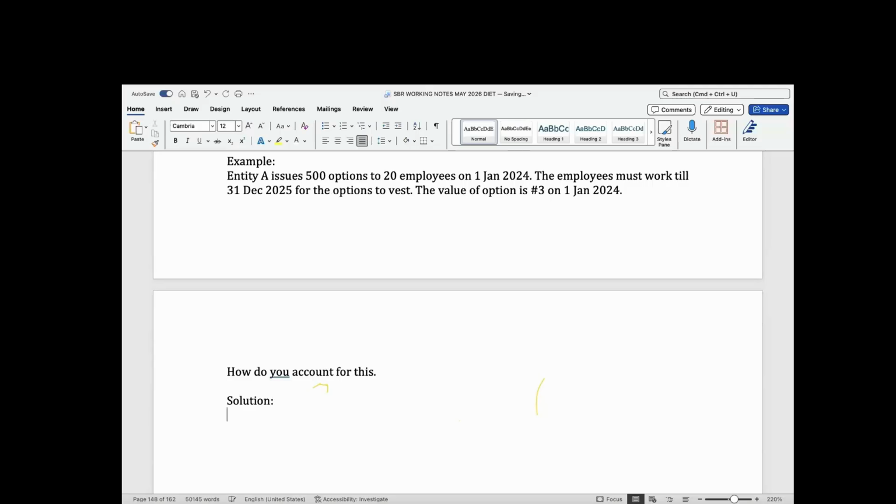First, I need to get the value of the option. How many options? 500 options. How many employees? 20 employees. What's the value of each option? It's 3 naira. So how much is that? 30,000. Yes, sir.